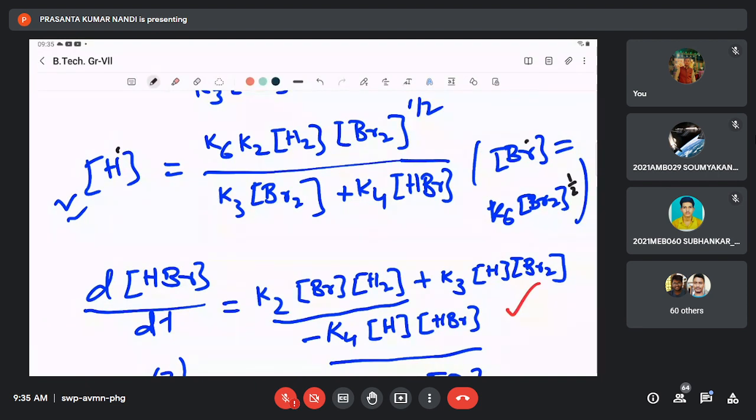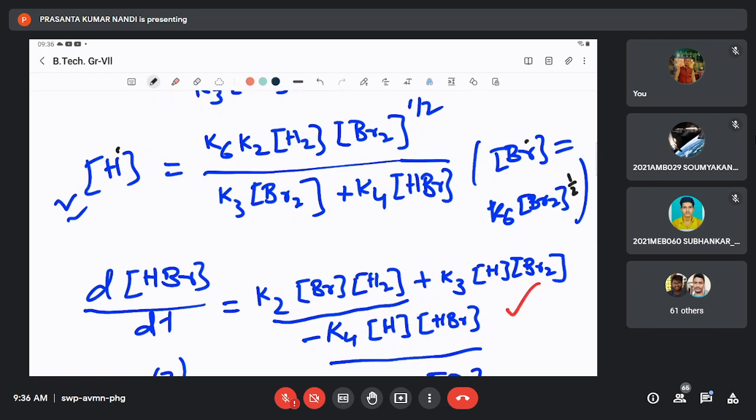And naturally you can see that in steps 2 and 3 it is produced, and in the subsequent step 4 it decomposes or dissociates. So naturally the overall rate of formation of hydrogen bromide can be written as the sum of the rates by which it is produced, that is steps 2 and 3, reduced by step 4 where it is consumed, or HBr dissociates.